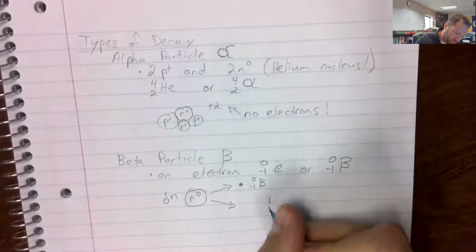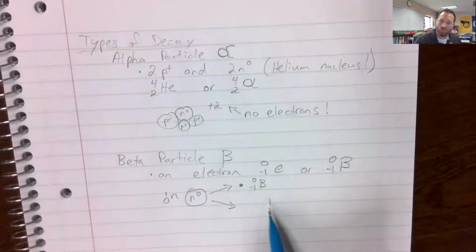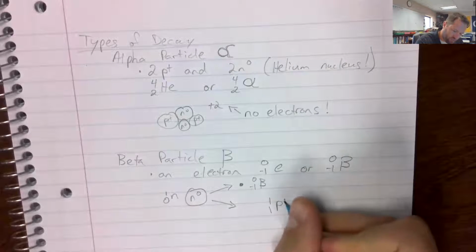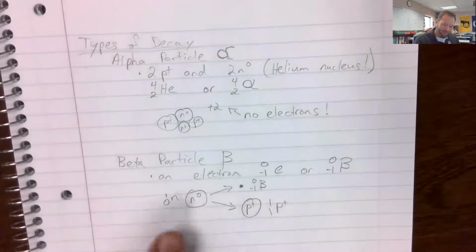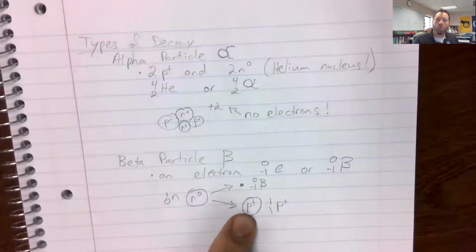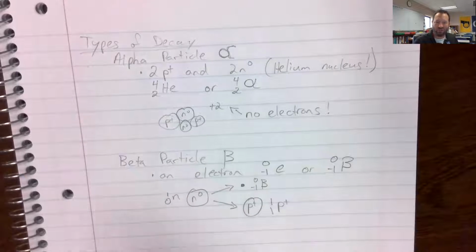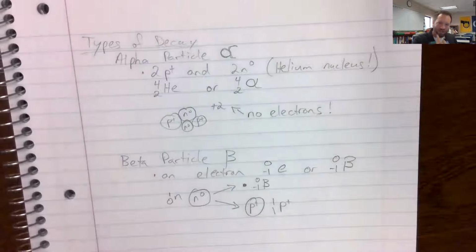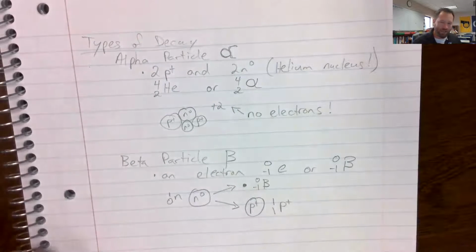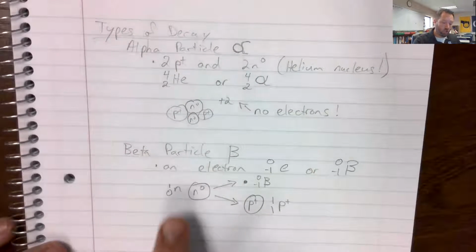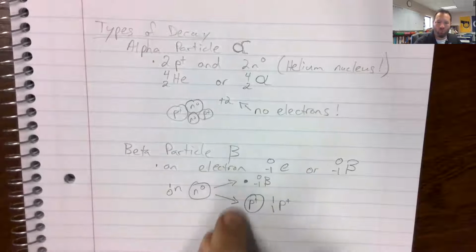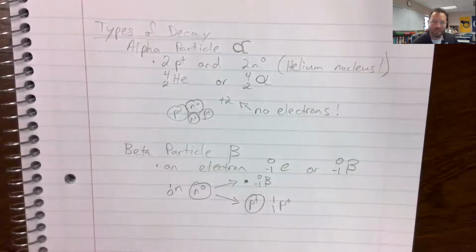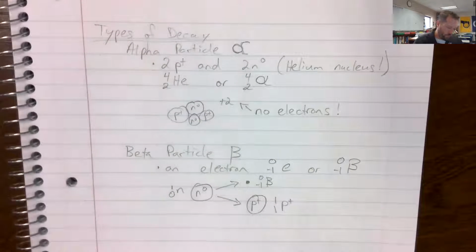That would be +1. What has one mass and one proton? Well, a proton does. So a neutron actually turns into a proton by releasing an electron. So the electron gets shot out of the nucleus, and that's what occurs during a beta decay. The electron gets shot out, and now you have one more proton, one less neutron. You're adjusting that ratio.